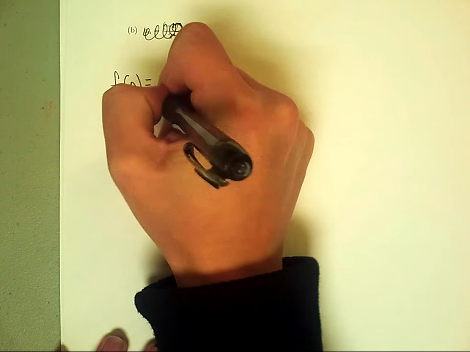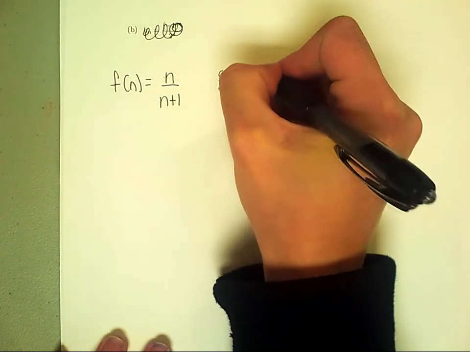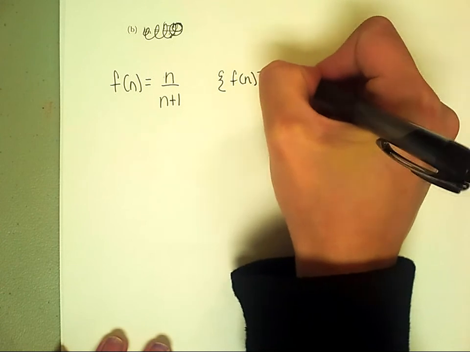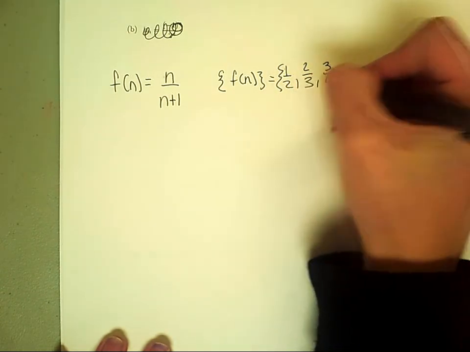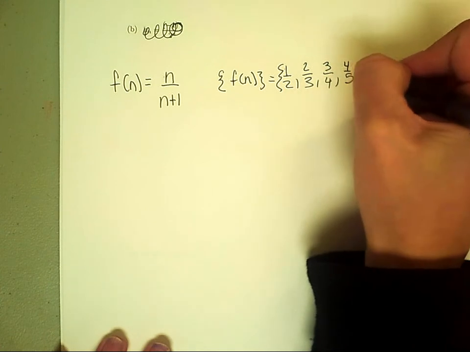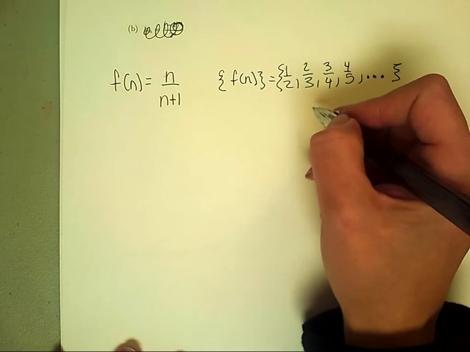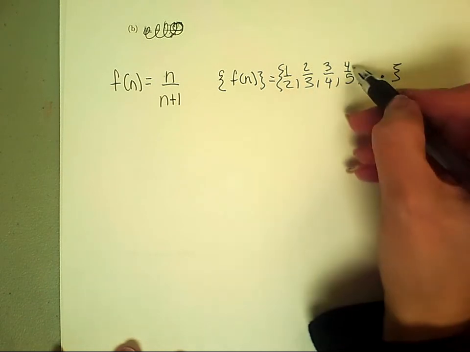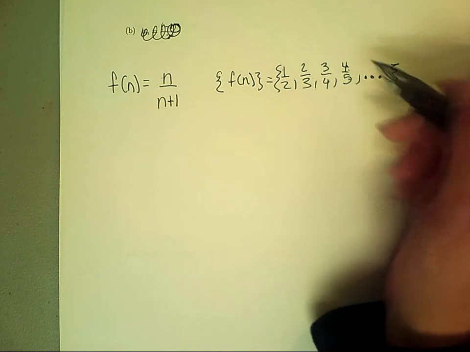F of n was equal to n over n plus 1. We saw when we generated the sequence that that was equal to 1/2, 2/3, 3/4, 4/5, etc. And we determined that this was bounded by 1. So we can see that these terms are getting closer and closer to 1. And it will always be less than 1, because the numerator will always be smaller than the denominator.